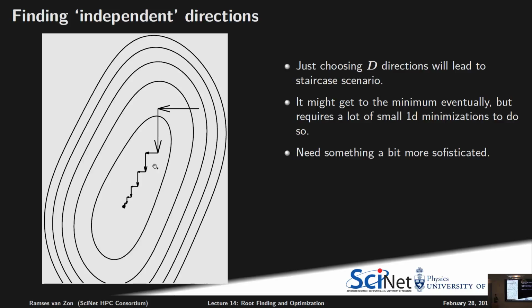It figures out where's my direction that I should go in. It goes in that direction, and that's it. And so the closer you get to a minimum, the more it will look like a quadratic function, and so the better it will go without having to do all these little steps.